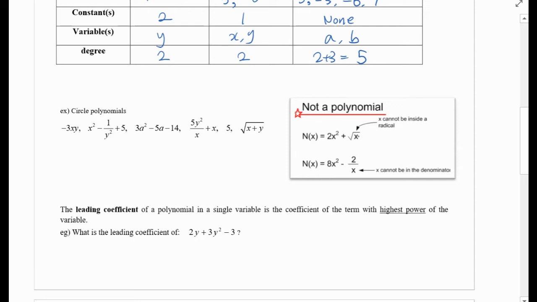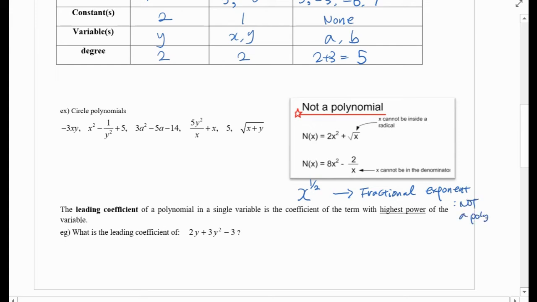So if a variable is inside a radical or in the denominator, that's not a polynomial. Or if x has a fractional exponent, not a polynomial.